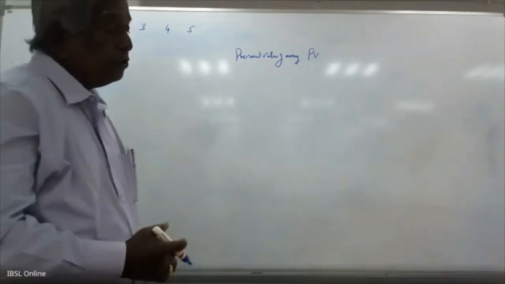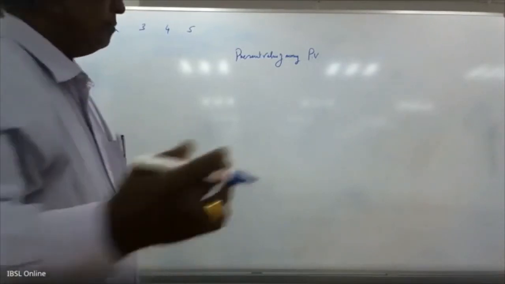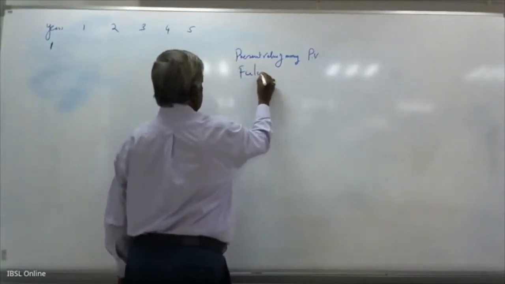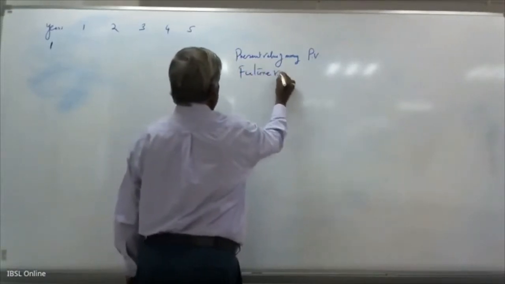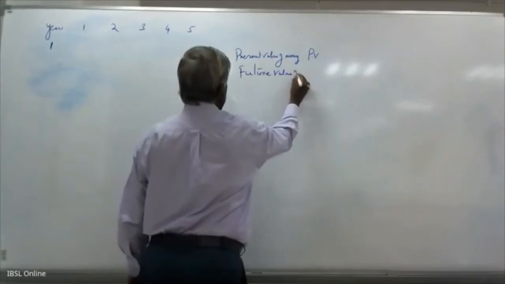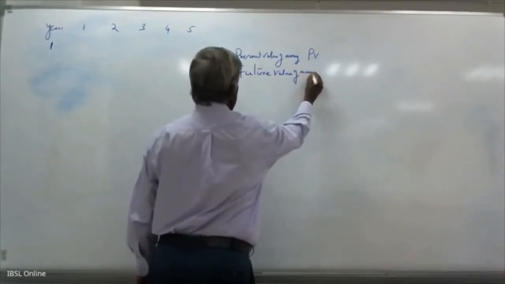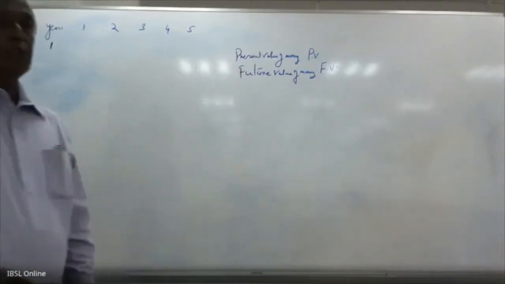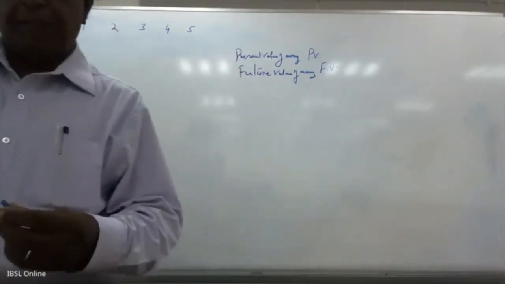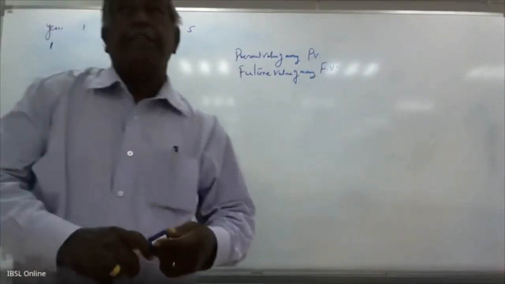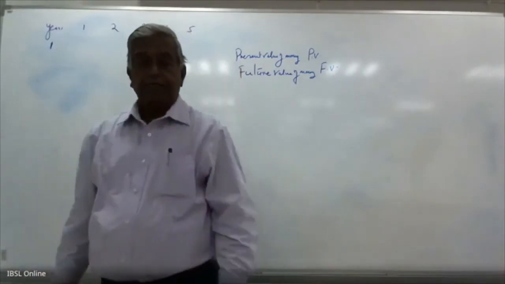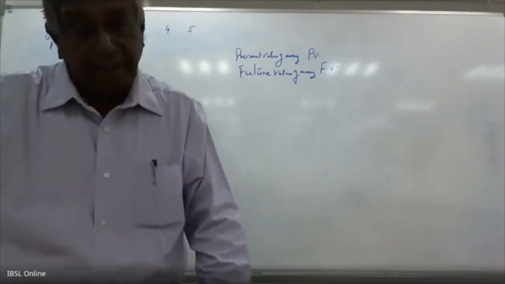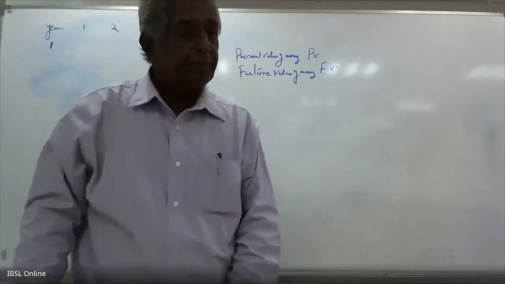The money what you may receive in future years, we call it future value. So the meaning of present value is the value of money what you have today in your hand. The future value is the value of the money what you may get in future years.